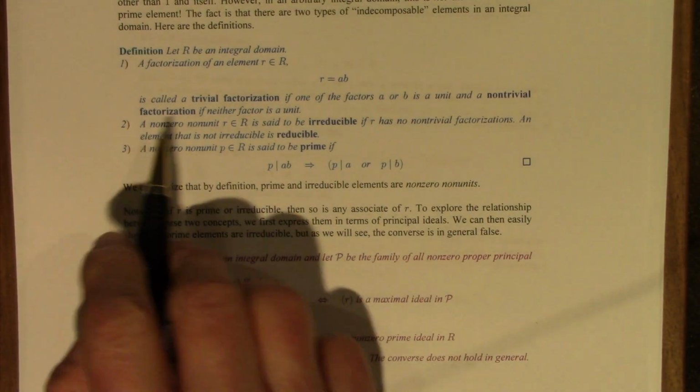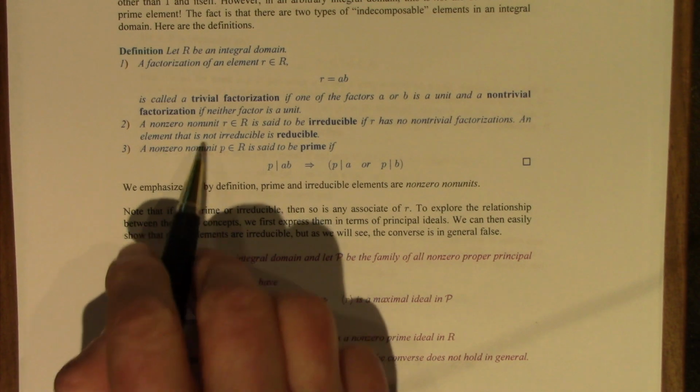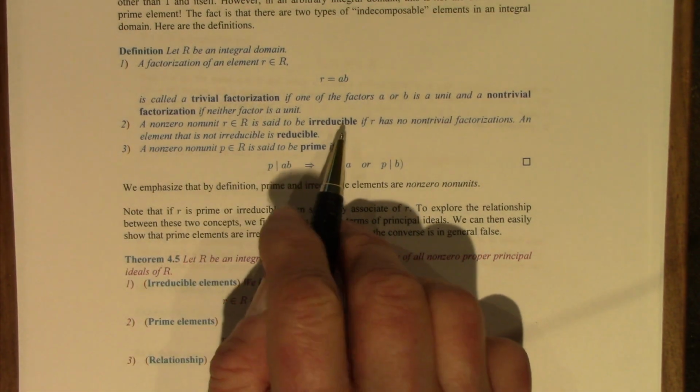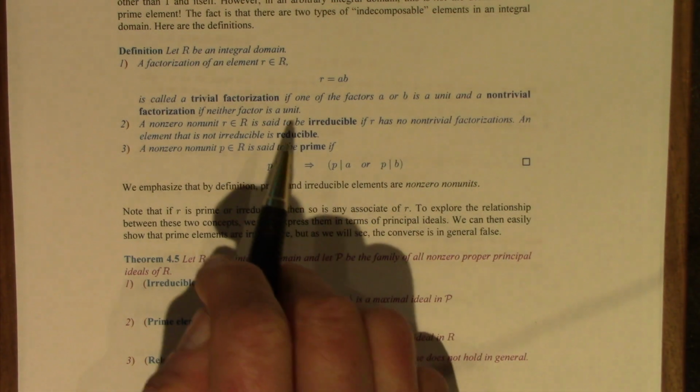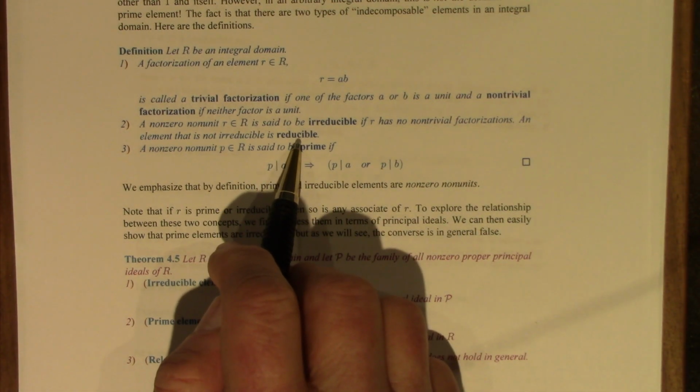A non-zero, non-unit little r is said to be irreducible if it has no non-trivial factorizations. So another way to say that is its only factors are units and associates of itself. Otherwise, the element is said to be reducible.